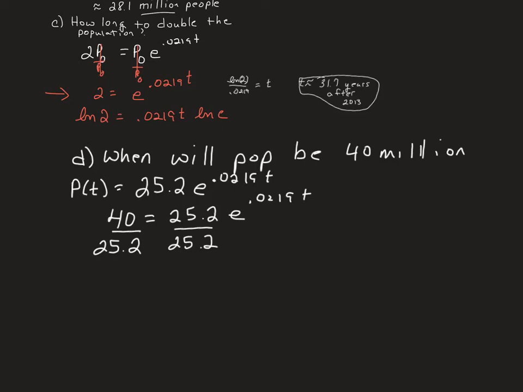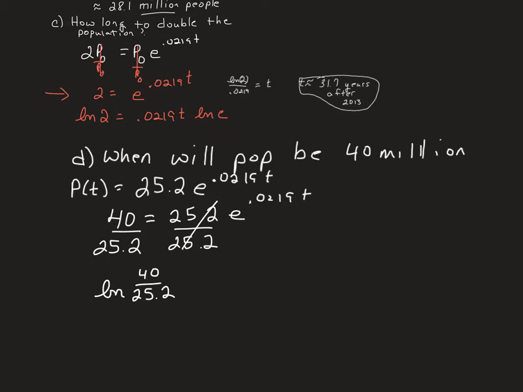So in solving this, this went away. Remember, we can take the natural log of both sides, the natural log of 40 divided by 25.2. It wouldn't be wrong if you put a decimal approximation. It's about 1.587, but if you chop it off, your answer is not going to be quite as exact.